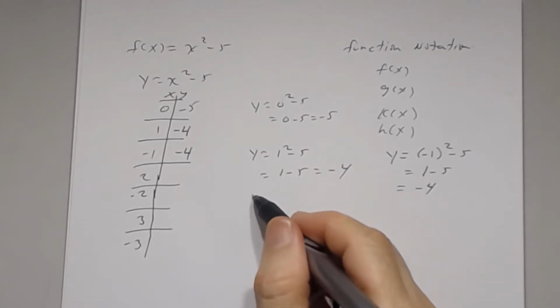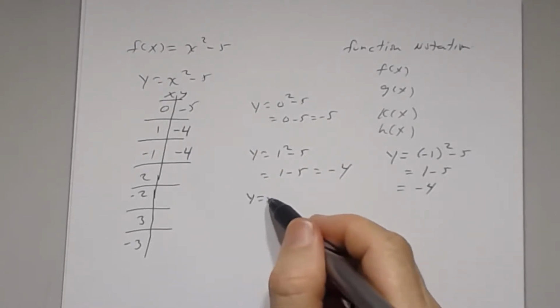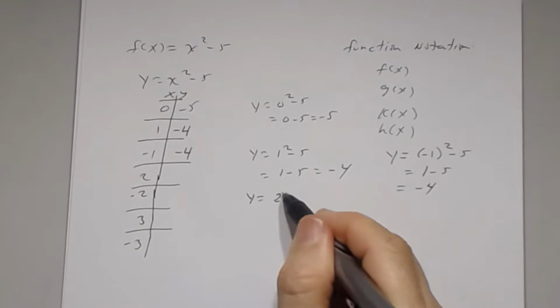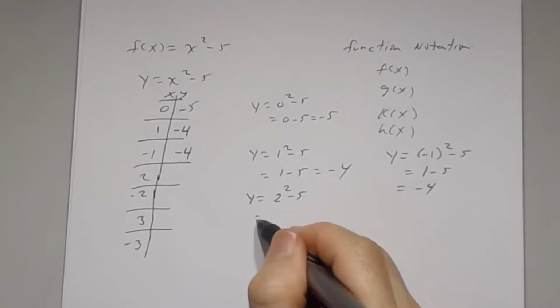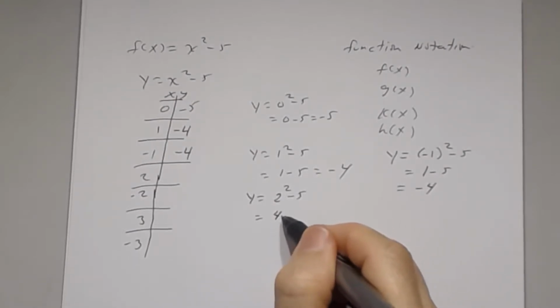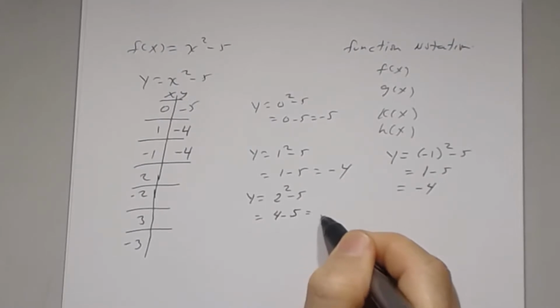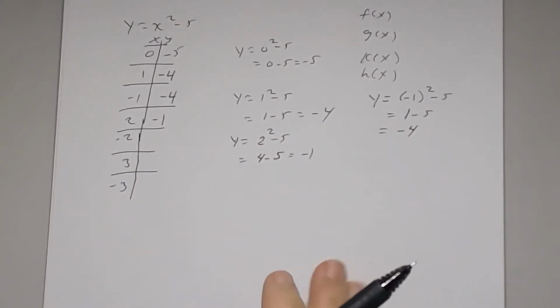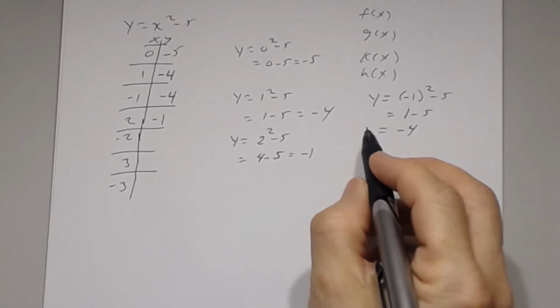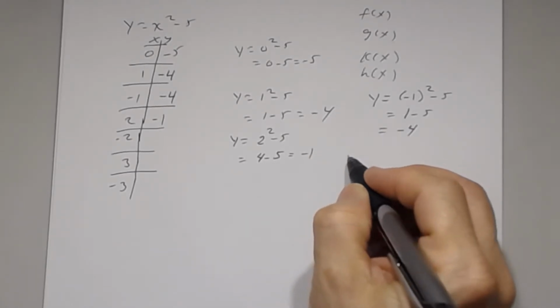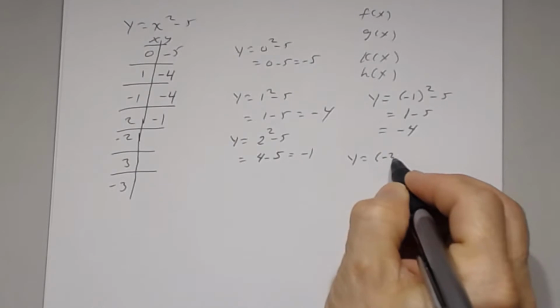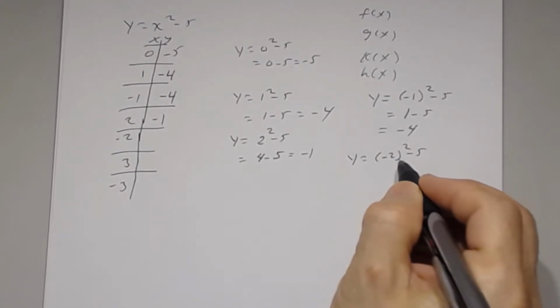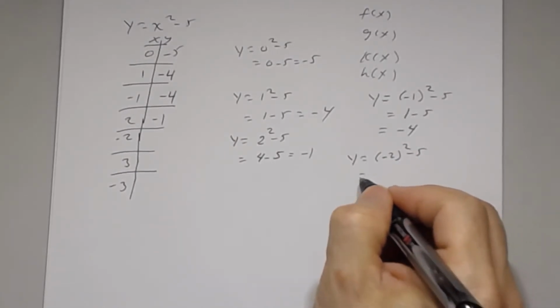If x is 2, I get y equals 2 squared minus 5, which is 4 minus 5, which is -1. If x is -2, in parentheses, I get y equals (-2) squared minus 5. What's -2 squared? 4.